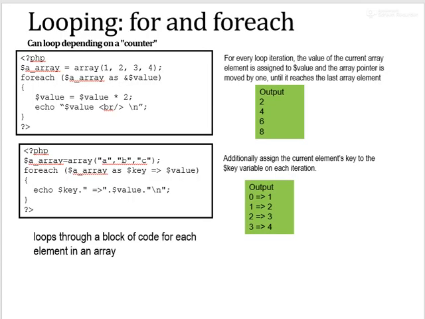Here we have a few more examples of the foreach loop. Okay, in the first example we have an array. The name of the array is a underscore array and the values are 1 2 3 4, and the keys, or indexes, will be 0 1 2 and 3.